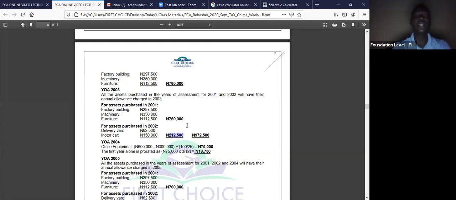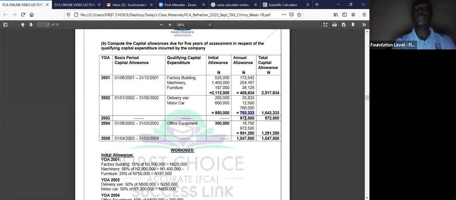When you add it to assets bought in 2001, you add them up, you are having 972,500. That is your annual allowance figure. So that's how we got this 972,500. And since there is no initial allowance here, the annual allowance will become your total allowance.